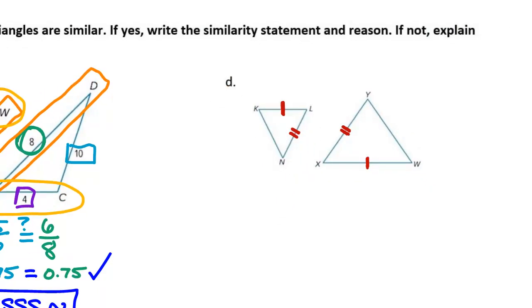What are the 3 possible reasons we can use? No, my similarity reasons. Sorry, I don't think I asked the question clearly. What are we allowed to use as reasons for why triangles are similar? Side, angle, side. Side, side, side. And angle, angle. Those are my only 3 things. We already established we don't have all 3 sides, and they didn't tell us anything about any of the angles.